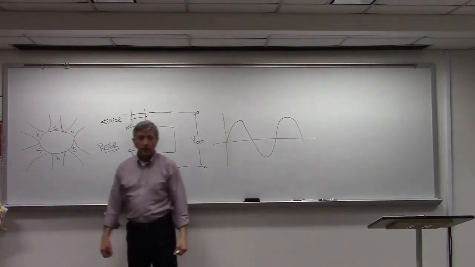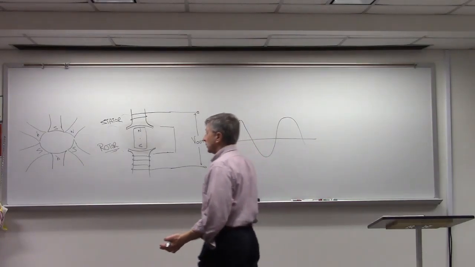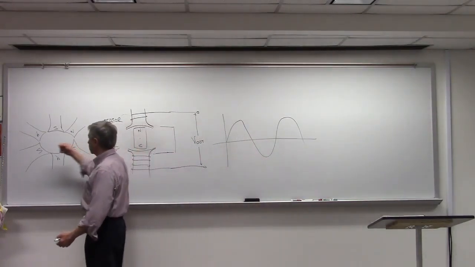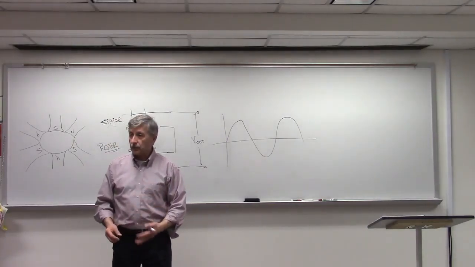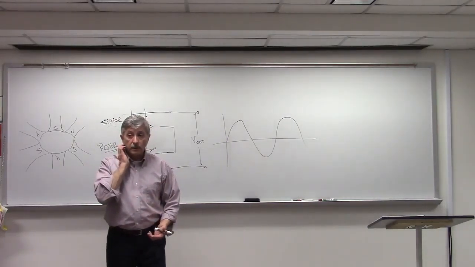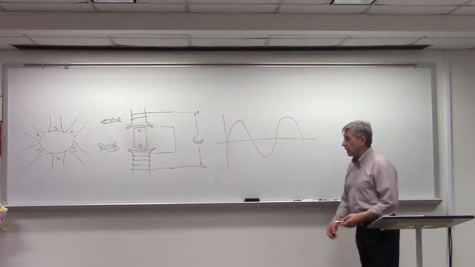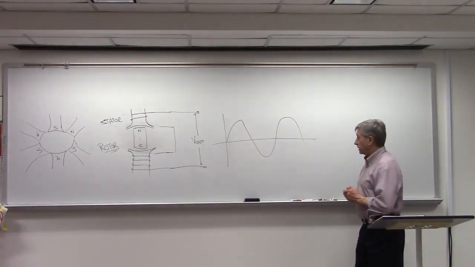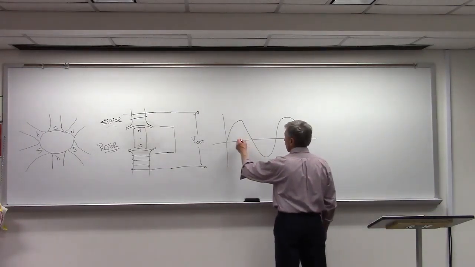Now I'm drawing the permanent magnet on the stator for this example. So when that rotor turns in this kind of generator, this is called a polyphase or 3-phase generator. It's always intersecting a magnetic field somewhere. So the output is not just this. The output is 3 sine waves superimposed one on top of the other.